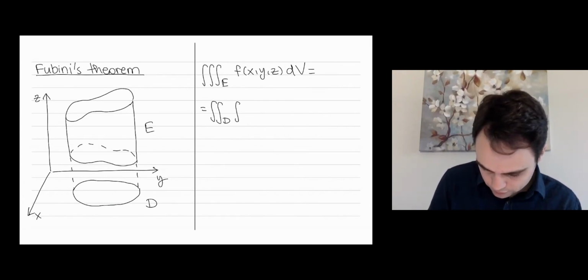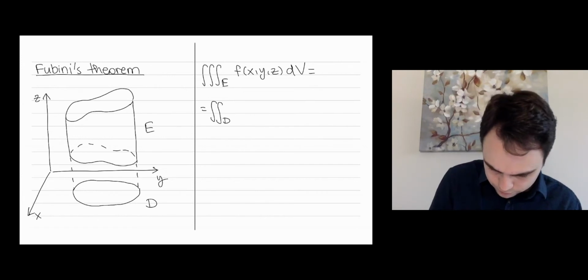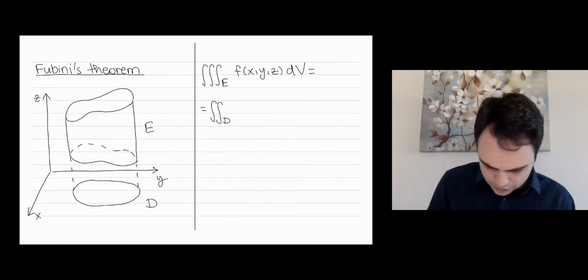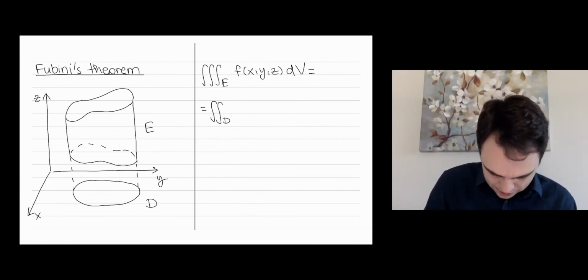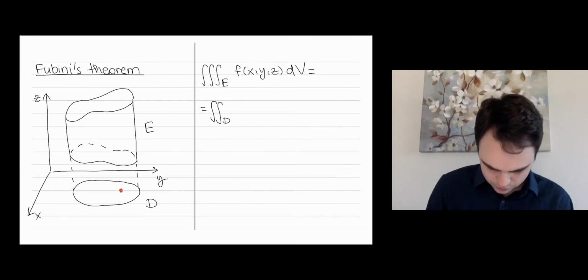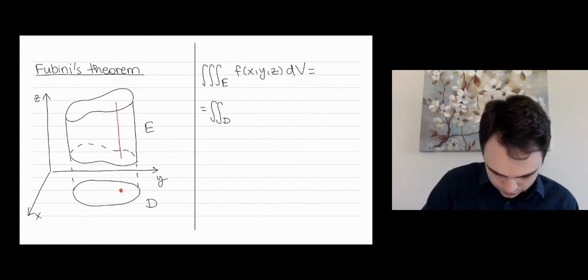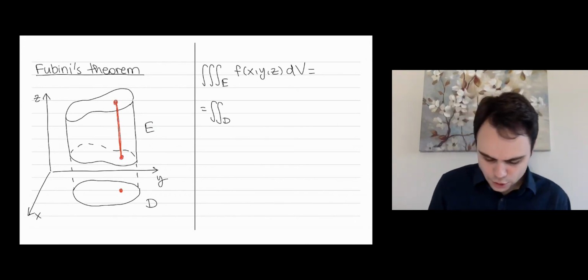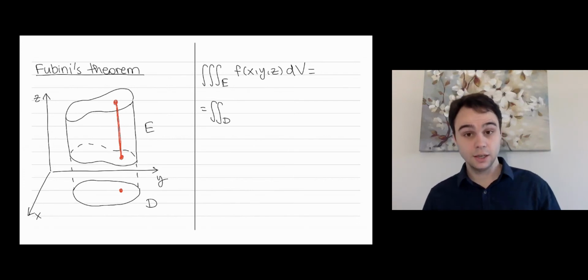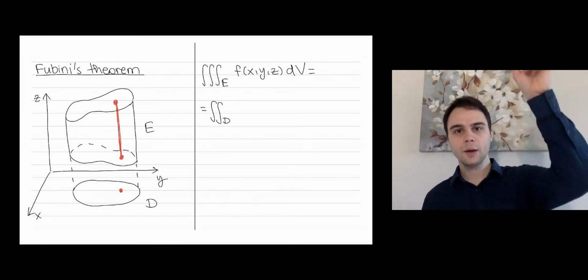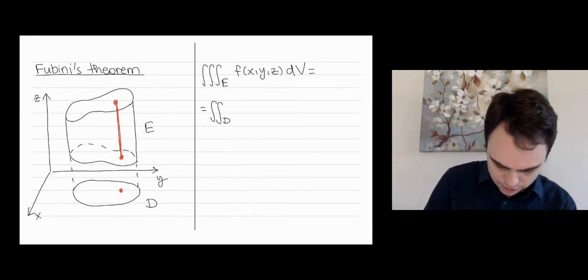So let me draw a picture first. We're going to be integrating a function of x and y. If you give me a point (x, y) in the plane, I intersect the solid region E with this vertical line segment, and then I do an integral with respect to z up along this segment.